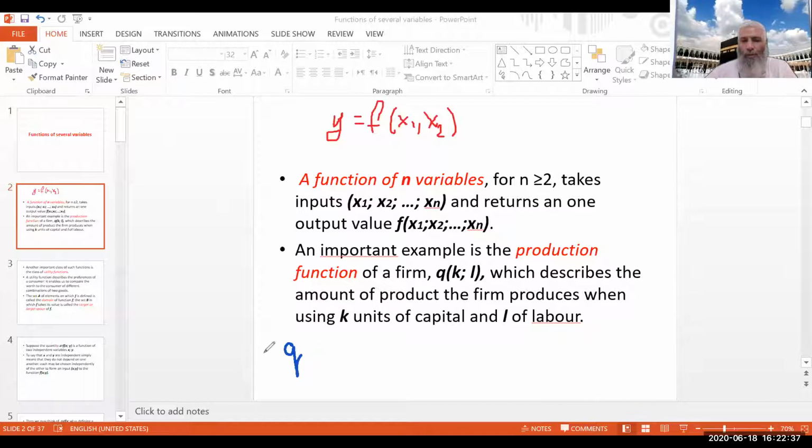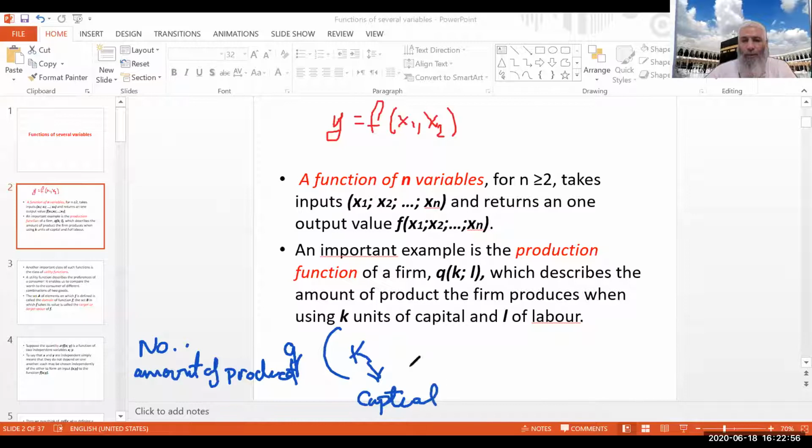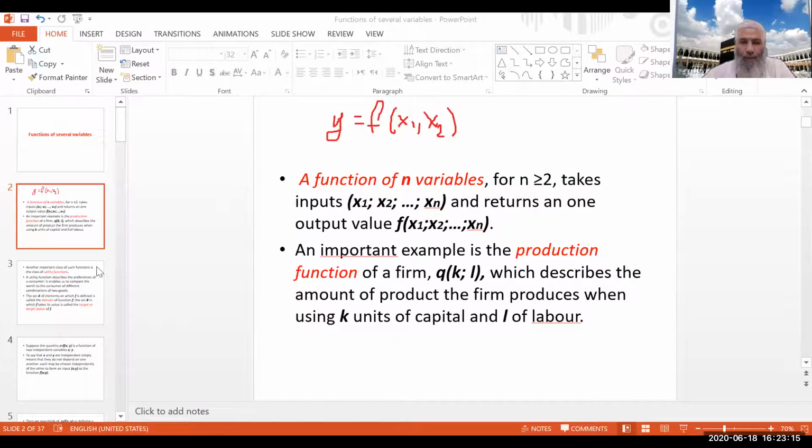It is a function of K, which is capital, which is money, and a function of labor. Labor is workers. A function in two variables here, the function of the amount of products. Okay? Yes. This is an example.